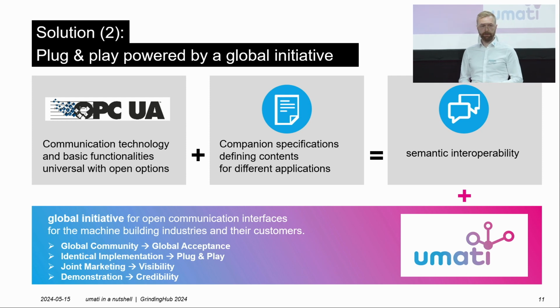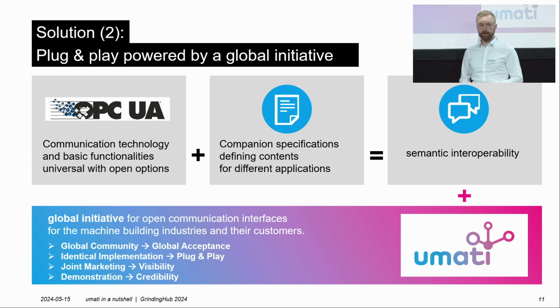Second is achieving plug-and-play capabilities, basically. This can be done by unifying the implementations and making sure that they're identical throughout different branches. Increasing visibility, we have to make sure that the brand is well known and recognized.